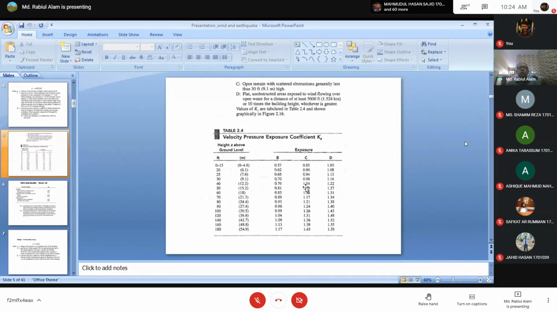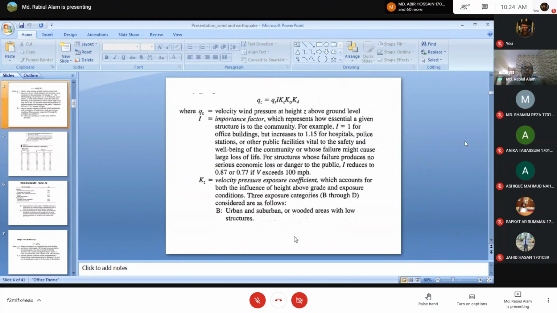Exposure condition means whenever you are going to construct your structures, the surrounding environment of that structure, how does it look like? That is the exposure of that structure. Okay, so in ASCE they have three different types of surrounding environment. So they call them exposure B, C, and D.